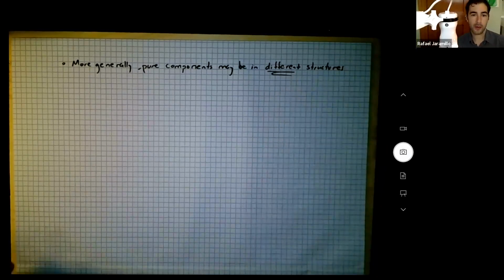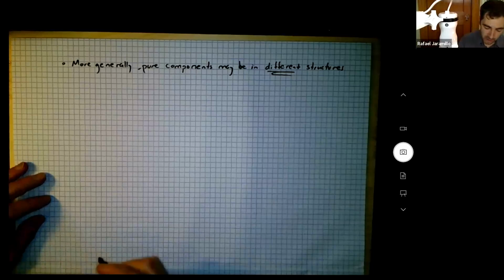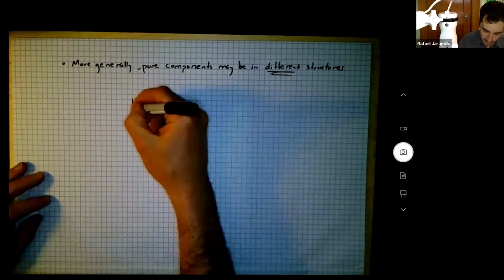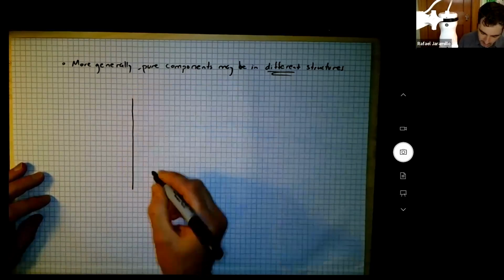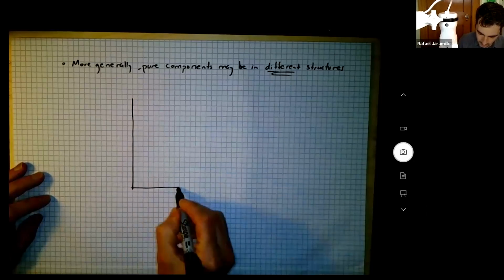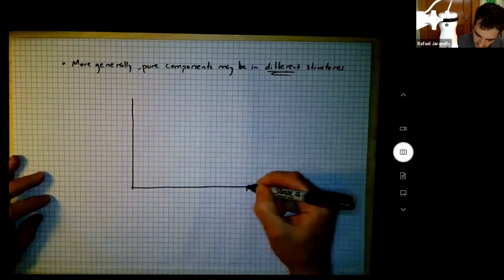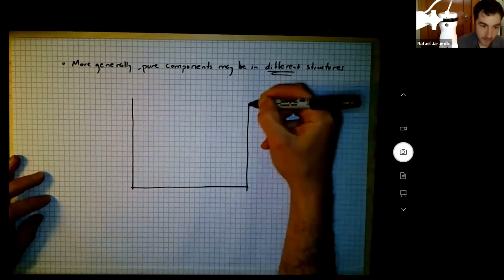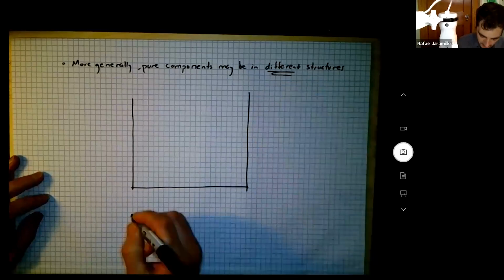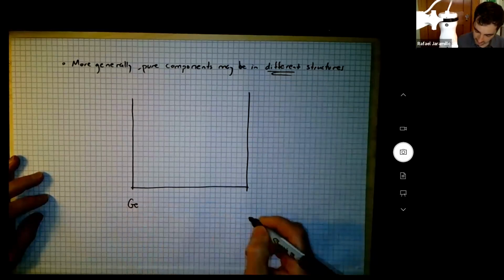What do I mean? Pure components may be in different structures. Let me illustrate this with a simple example. Let's do silicon germanium. It's one of my favorites.